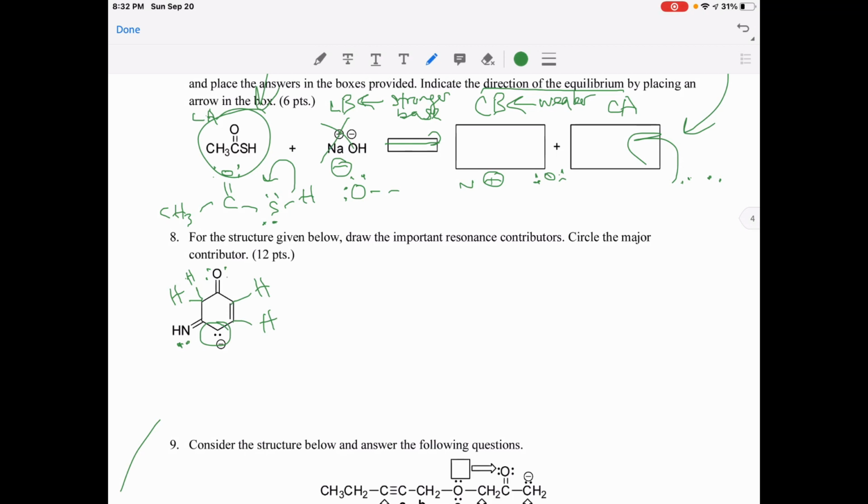If we move to the left, the lone pair forms a double bond, and the electrons in the double bond between the nitrogen and the carbon move onto the nitrogen and give us a negatively charged nitrogen. So when we draw that resonance structure out, we get the following.